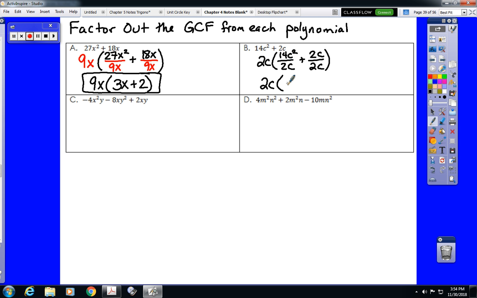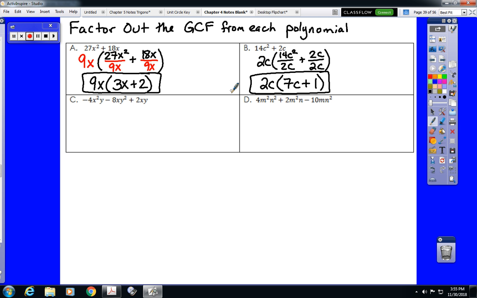C squared divided by c is c, so 7c. And then 2c divided by 2c is 1. It is very important that we don't just drop that term thinking that it goes away, because it doesn't. 2c divided by 2c is like 3 divided by 3. It's 1. So we can't just drop it.